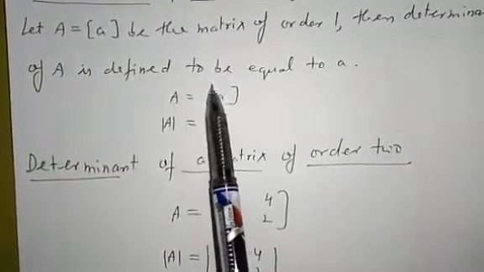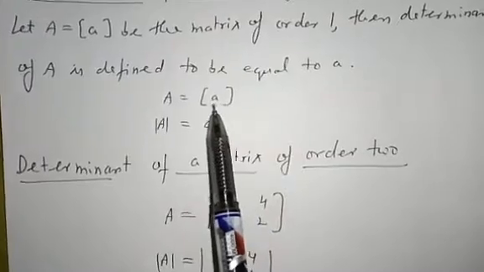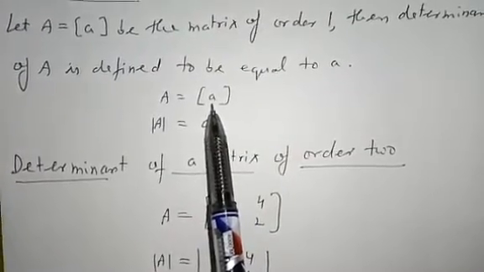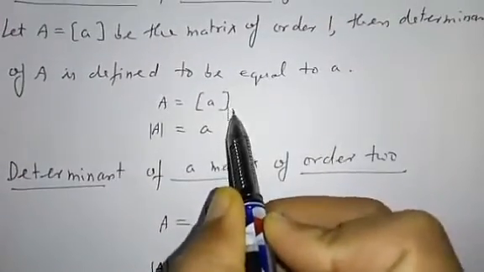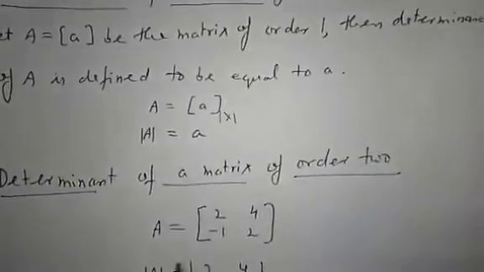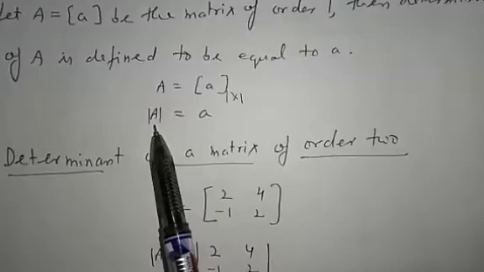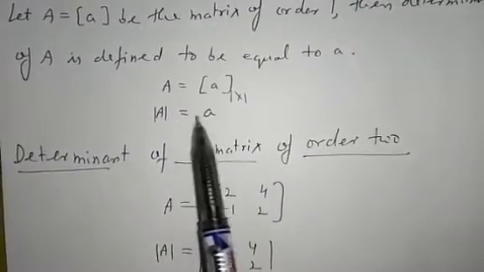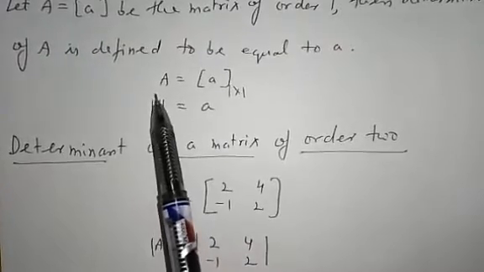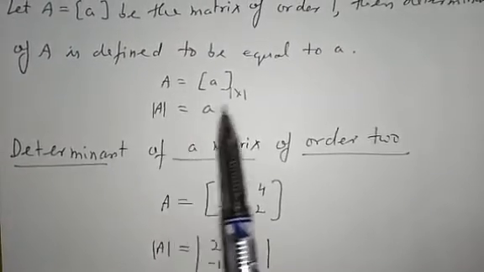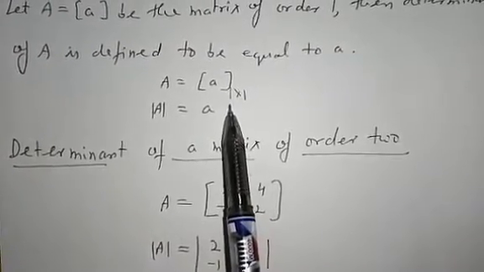A equal to this matrix, only one element in this matrix, and its order is 1 into 1. Then the determinant A will be equal to only a. So this is the way to calculate the determinant of a matrix of order 1 into 1.